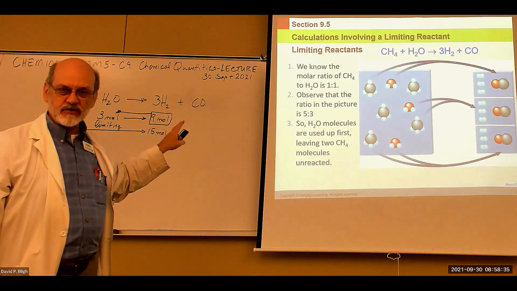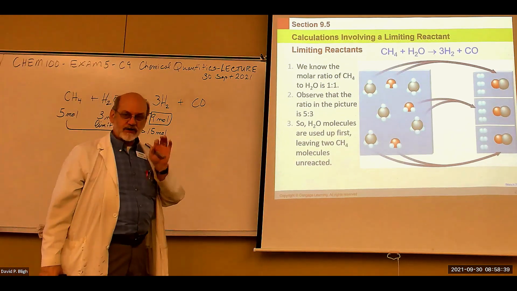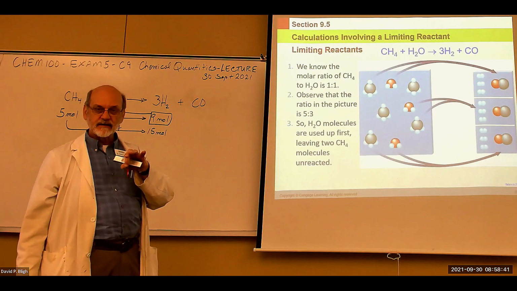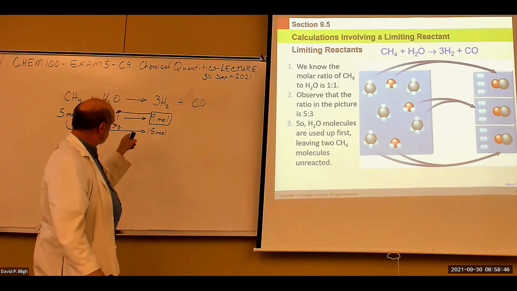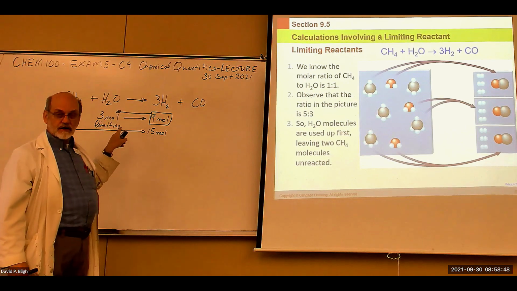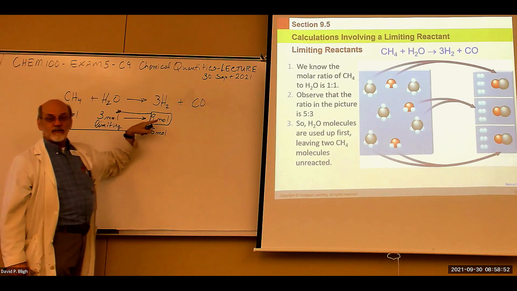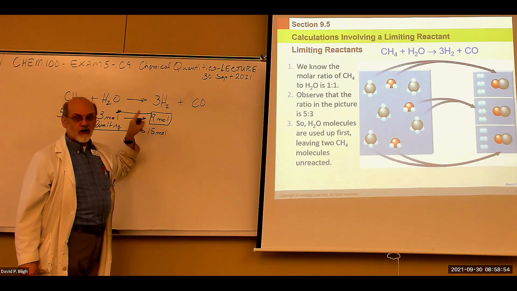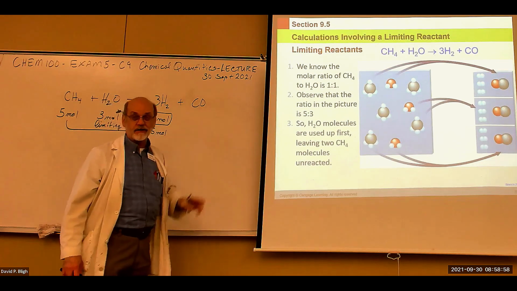I like this procedure better because most problems that require a determination of limiting reactant are interested in how much product is produced. So if you do this, not only do you find out which one is limiting, but you find out how much product is produced too. So you've already done that step, and then you just go to finish the answer from there.